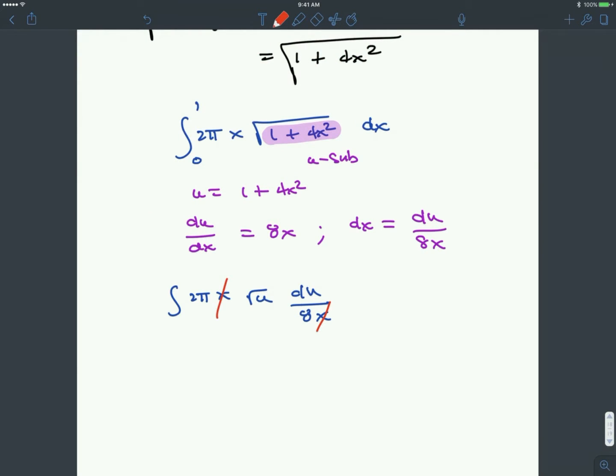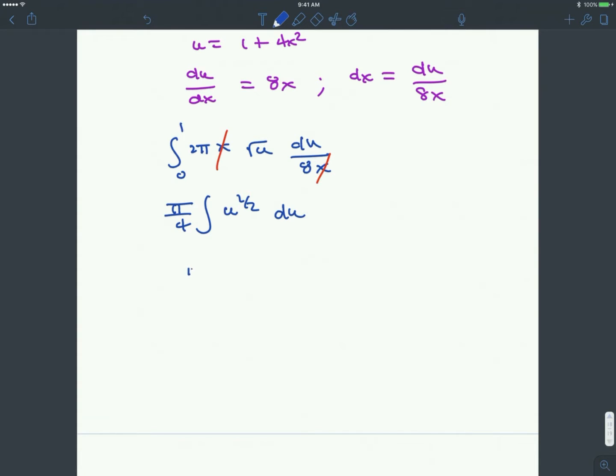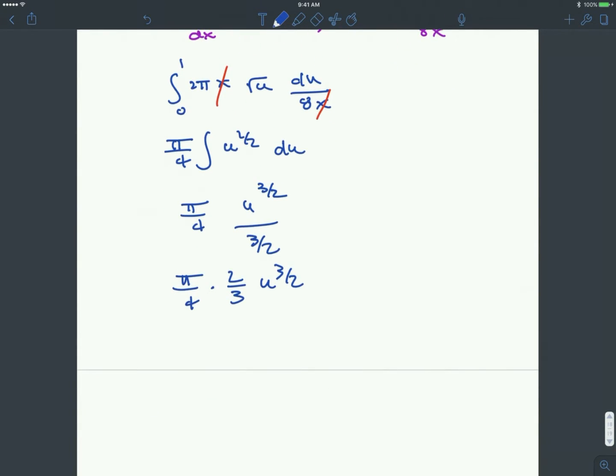Cancel these x's. So we're going to have pi over 4 integral of u to the 1/2 du. So I get pi over 4 times u to the 3/2 over 3/2, or pi over 4 times 2/3 u to the 3/2. This gives us pi over 6 u to the 3/2.